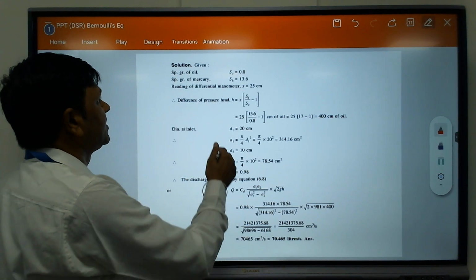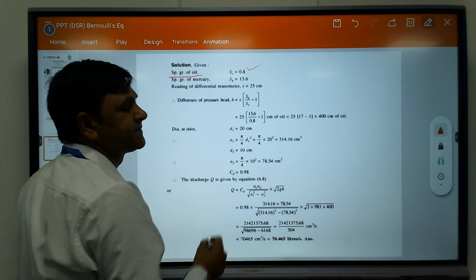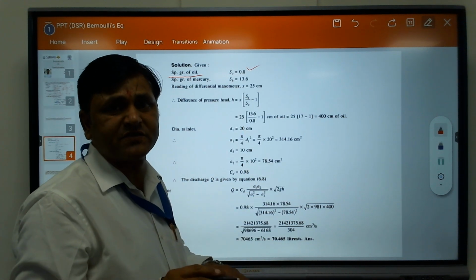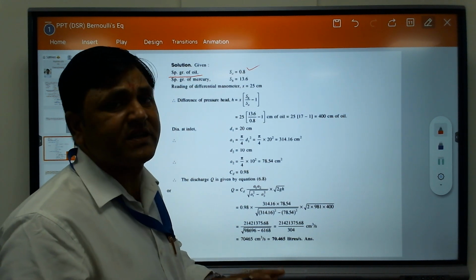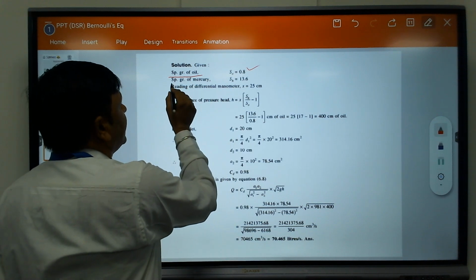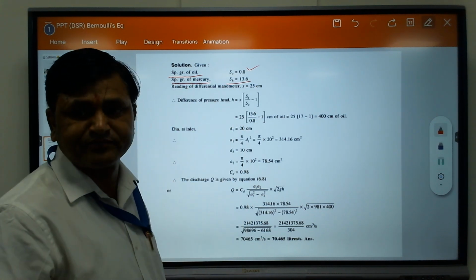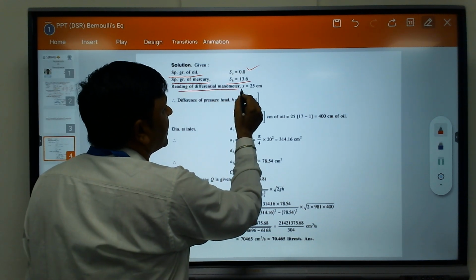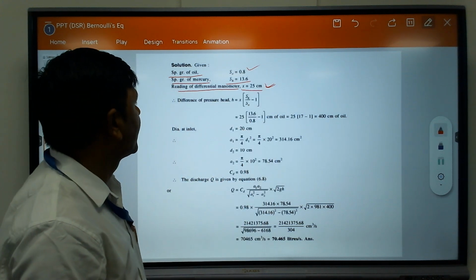According to the problem, the specific gravity of oil is given as 0.8. It has no unit, because specific gravity is a dimensionless quantity, density upon density. Second, the specific gravity of mercury is 13.6. The reading of the differential manometer, X, is equal to 25 centimeter.